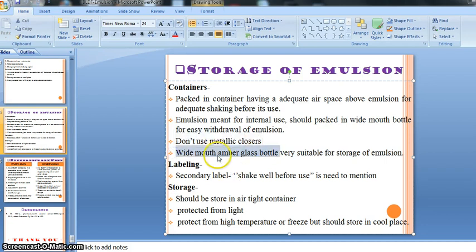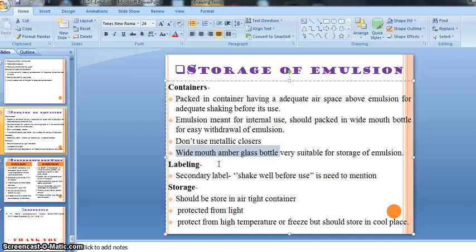We know that the oil we use has a medicinal value, and most oils are very sensitive to sunlight, to light, right? Because when exposed to sunlight or light, the drug present in our preparation becomes decomposed.